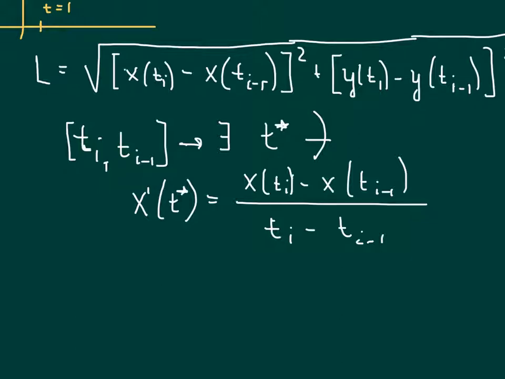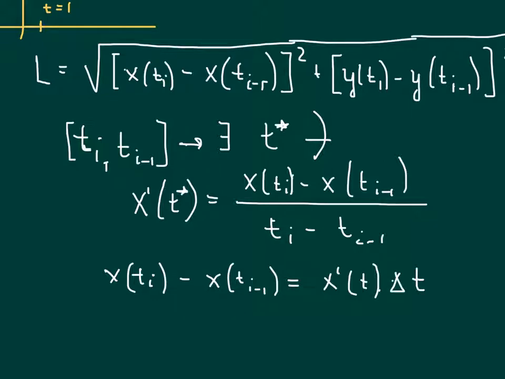I'm going to call this denominator delta t. So what I'm saying is that my x of t sub i minus x of t sub i minus 1 can be replaced by x prime of this t value times delta t.